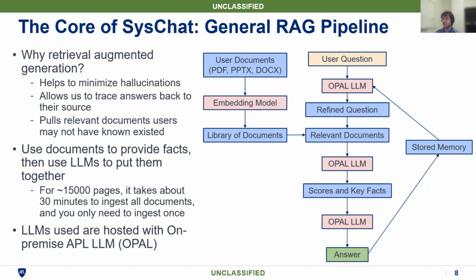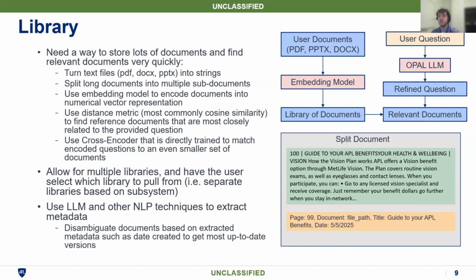To talk a little bit about the retrieval step, we need a way to store lots of documents and find them very quickly. So what we do is we turn text files in the form of PDFs, Word documents, and PowerPoints into strings, and then you split them into multiple subdocuments.